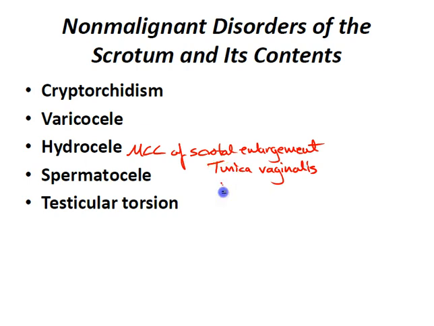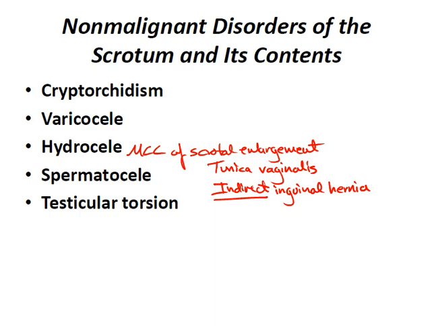So you can get an indirect inguinal hernia also through this defect. It can be secondary to infection or to lymphatic blockage. What would cause lymphatic blockage? A tumor. That's correct.